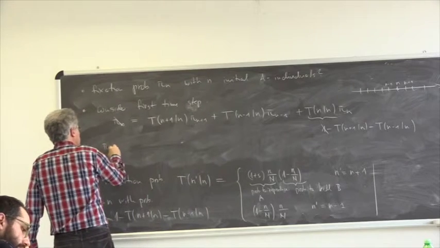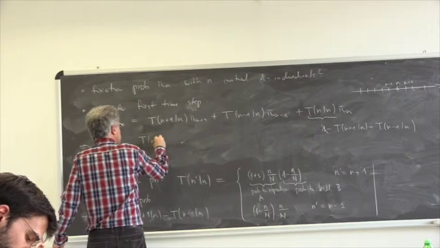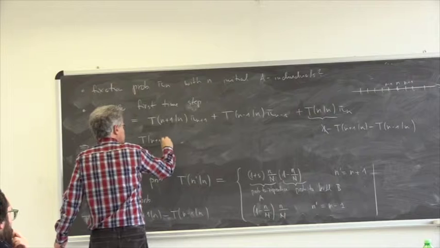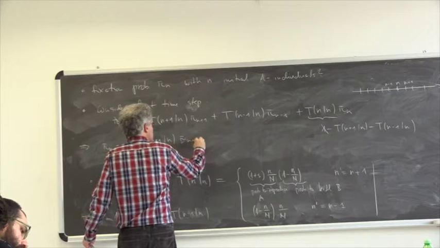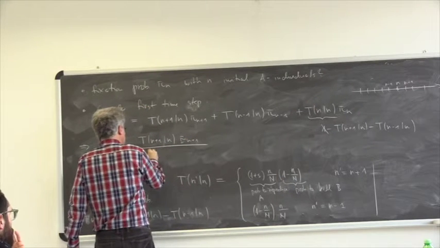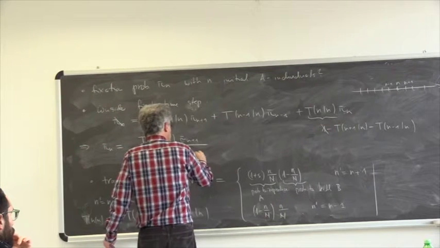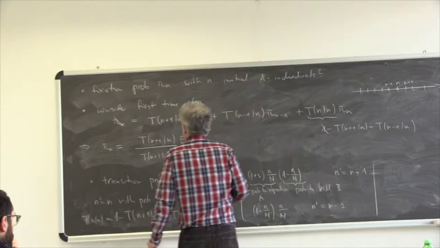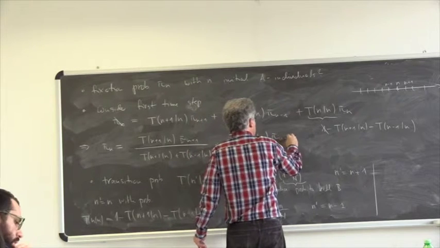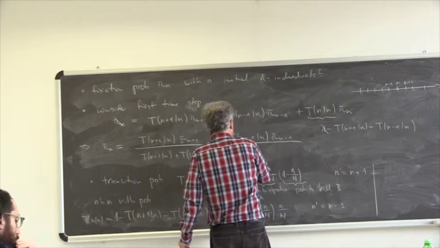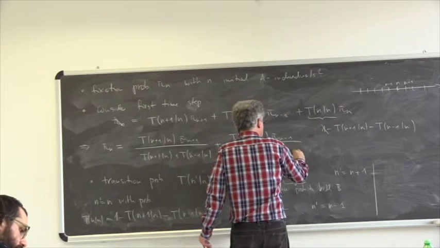So then we get pi n is equal to, to write this in a more symmetric way, plus T of n minus 1 n divided by T of n plus 1 n.